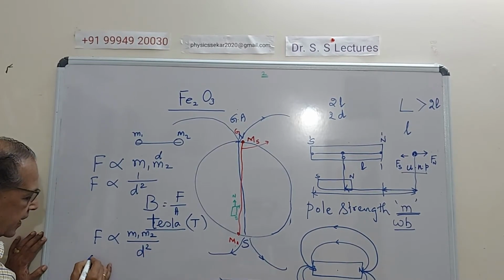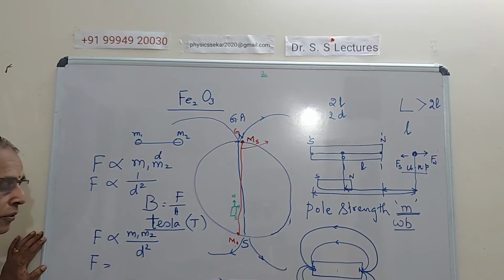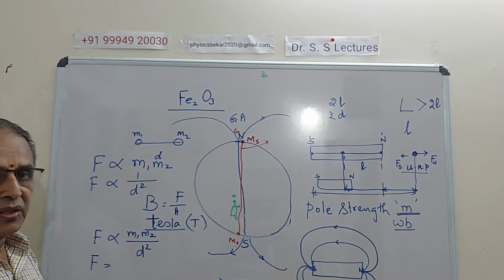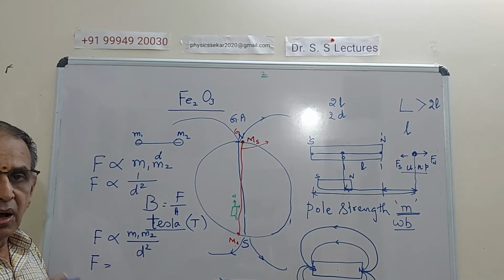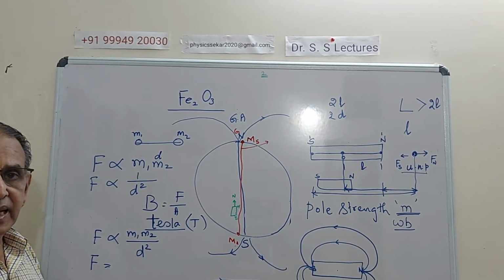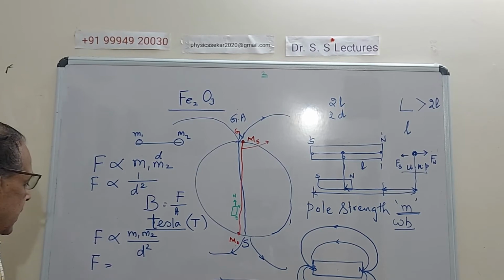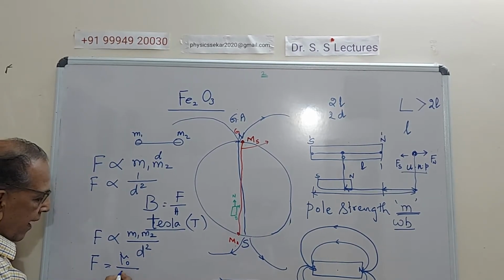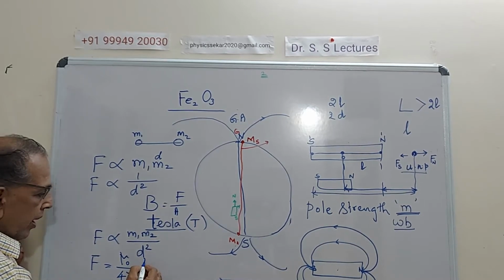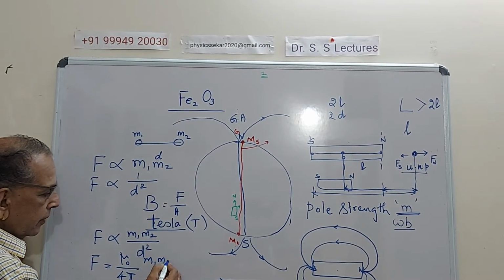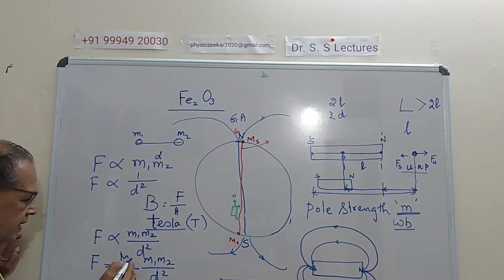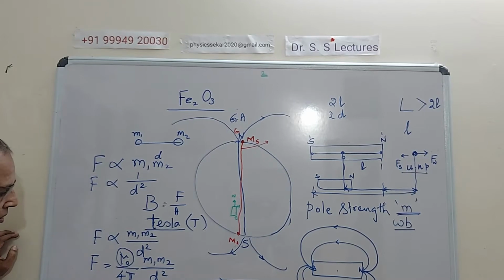To make it an equation, you introduce a constant, a physical constant, though it will also have a mathematical component. So F equals mu 0 by 4 pi, m1 m2 divided by d square. This is a constant.